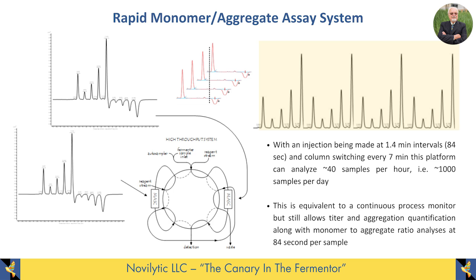What that says is you can do 40 samples an hour, or 1,000 samples a day. And there is a need to do that in clone selection, where you want to look at thousands and thousands of things over the course of a week or two to choose the best cell line to produce your antibody.